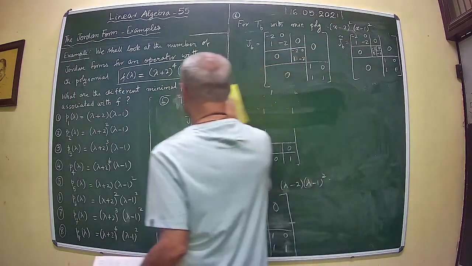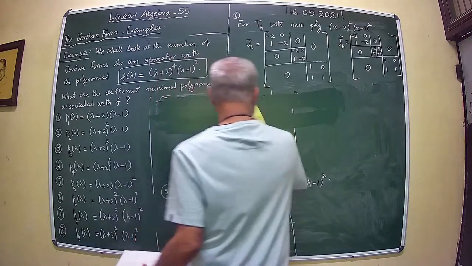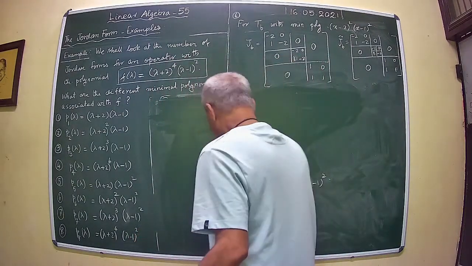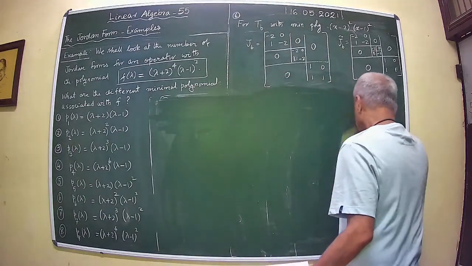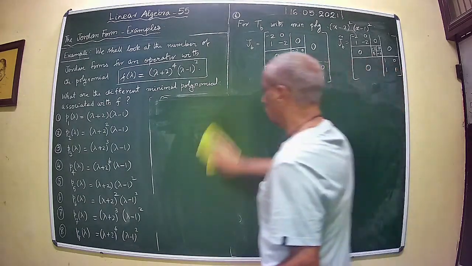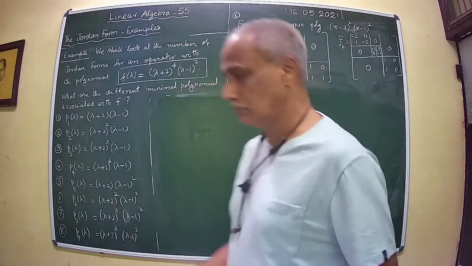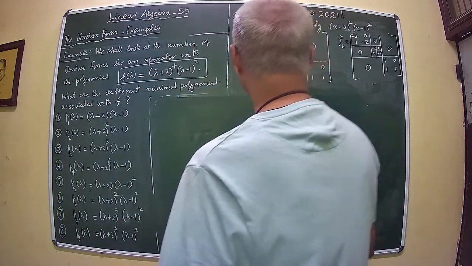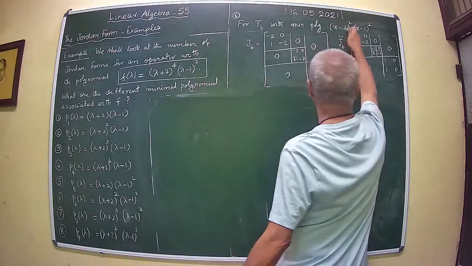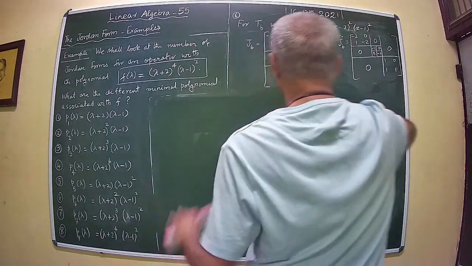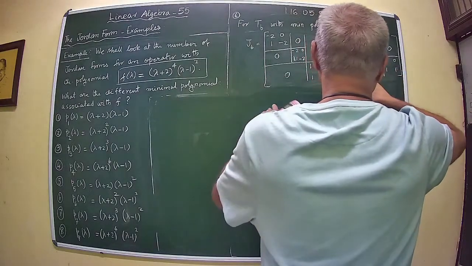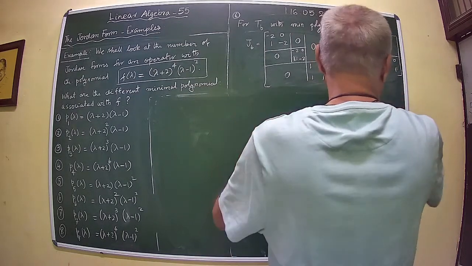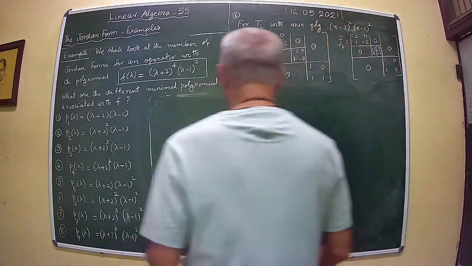J7 and J8, and probably I will stop. So there are two possible forms available here. That is because you get x minus 2 whole square, and the companions that can go with it is x minus 2 whole square, x minus 2 and x minus 2, and x minus 2 whole square with x minus 2 whole square.